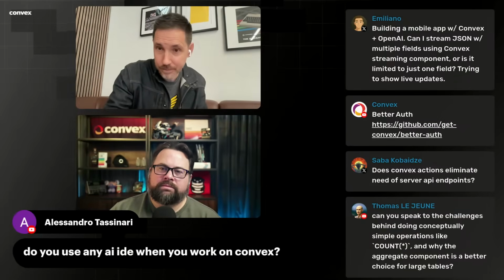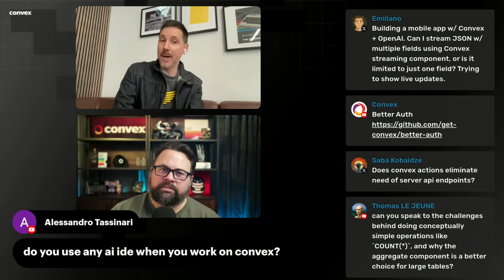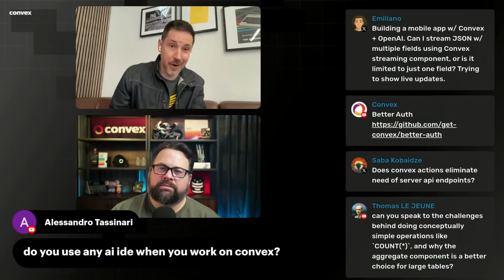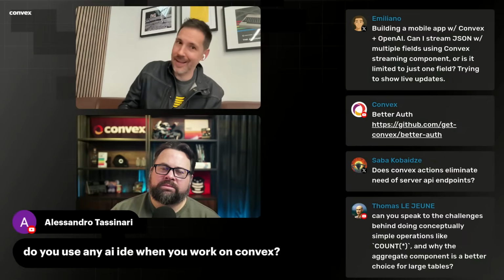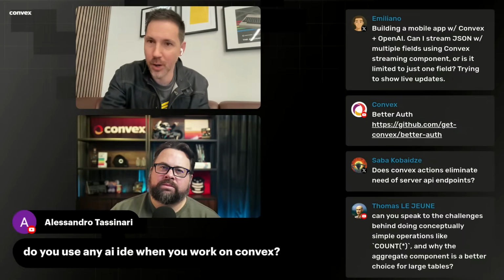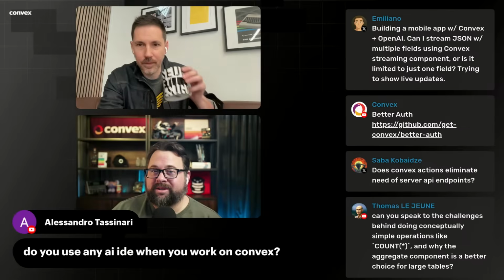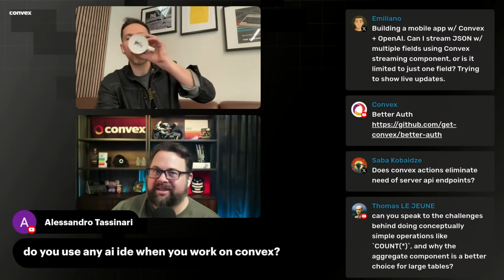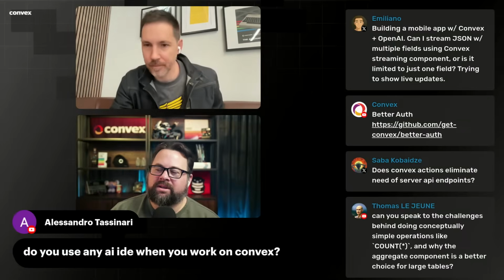Yep. So we use all the stuff that you would expect here, but you'd probably be surprised that almost all of it, we're not in the world where AI is writing Convex. Most of it has to be written by a human being with experience. The team's pretty good at this point on knowing this is the kind of task I could set Codex loose on, or Devon, or Claude Code.